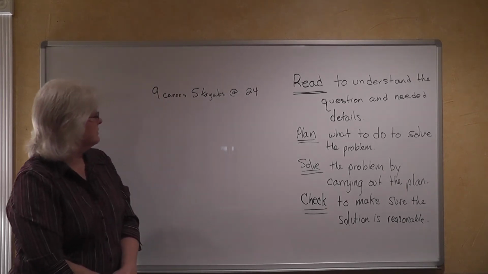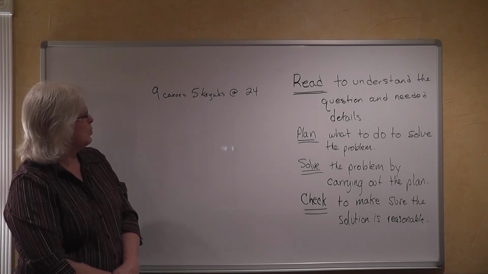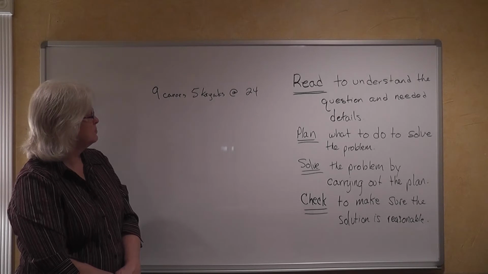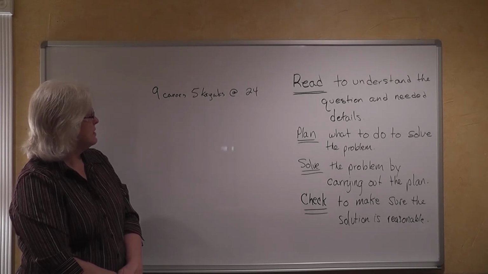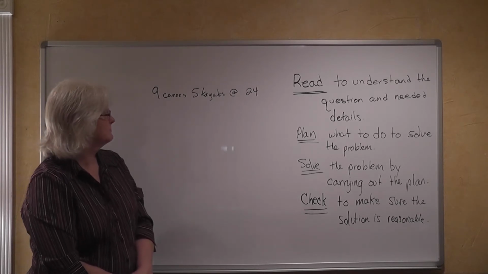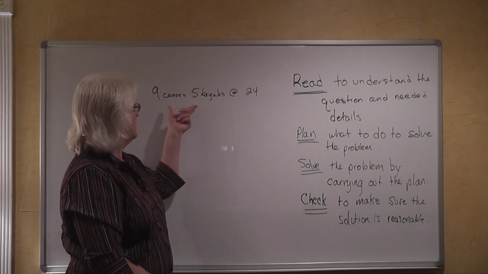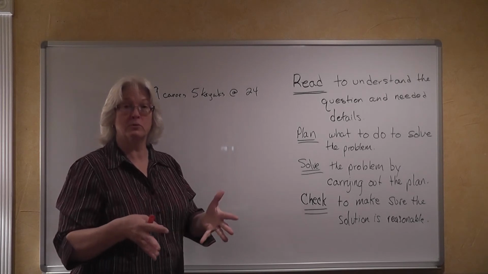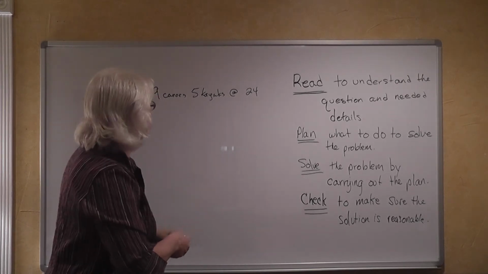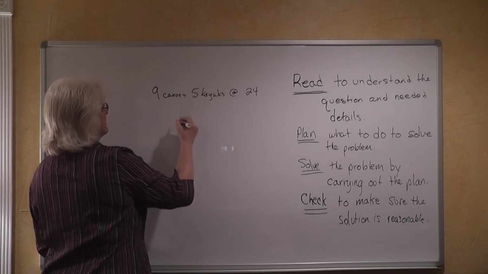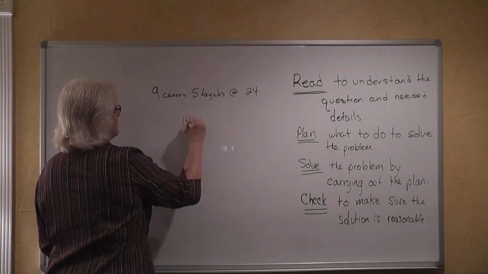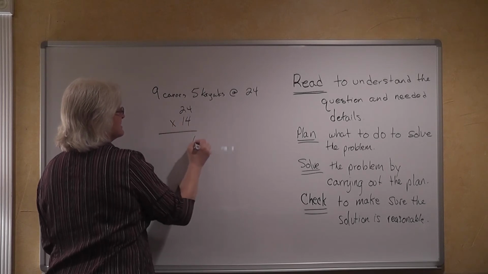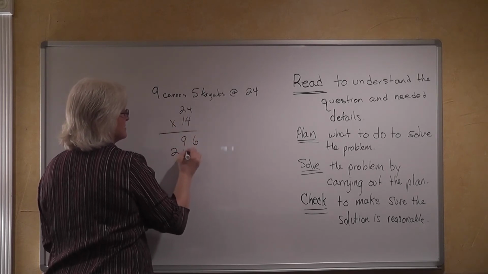So how else could we do this? Well, what do you think? What if we figured out the total amount of money that this merchant could make if everything was rented? If he had rented everything, that would be 14 times 24. 4 times 4 is 16, 96.